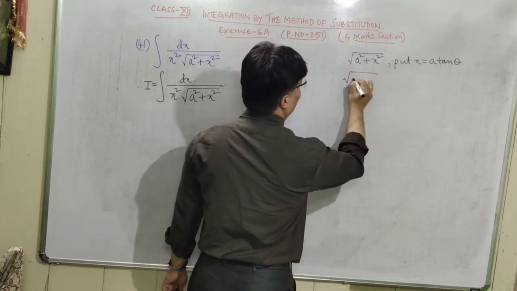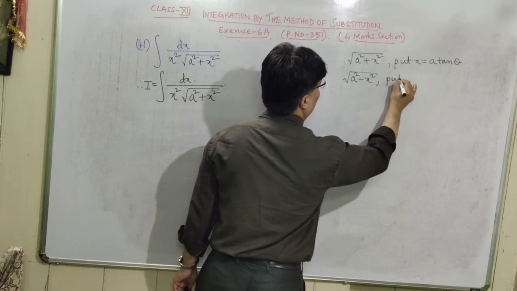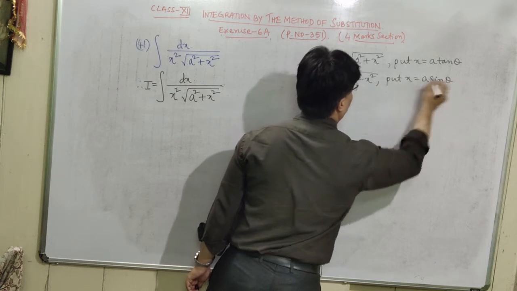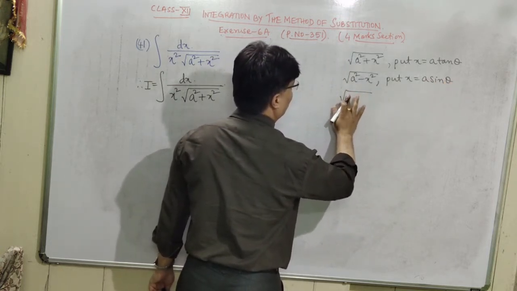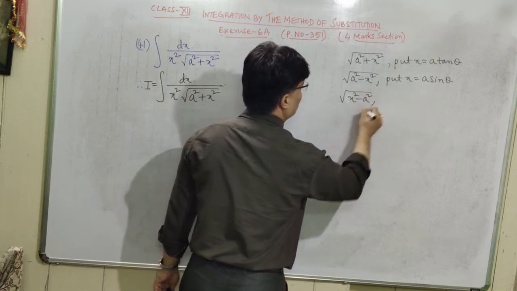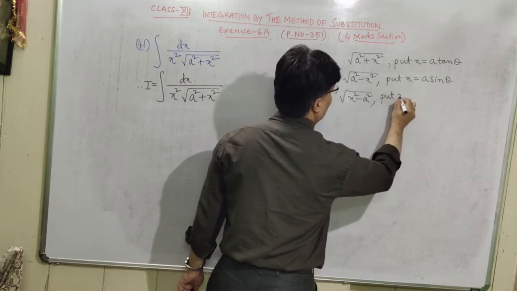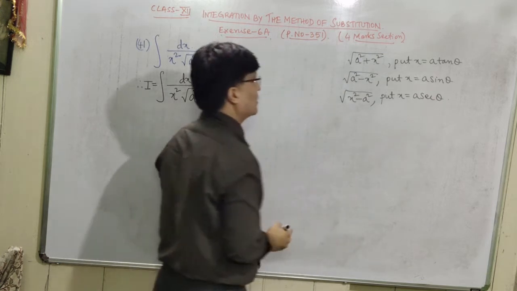So if you have root over a square minus x square, you put x is equal to what? A sin theta. If you have root over x square minus a square, then you can put x is equal to a sec theta.